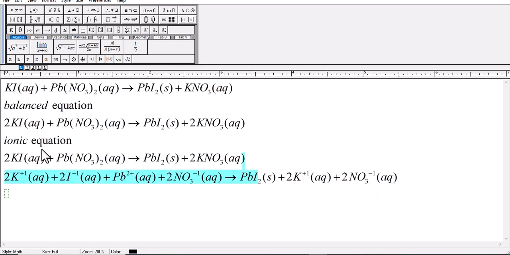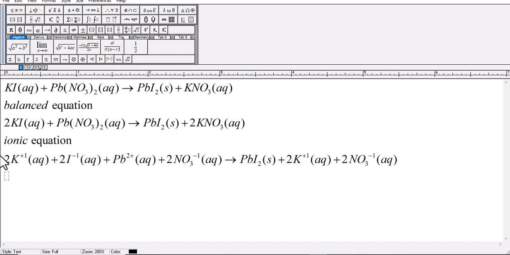Let me get rid of this one then. Sorry. Let me get rid of this. And then from there, I'm going to write a net ionic equation. Right.